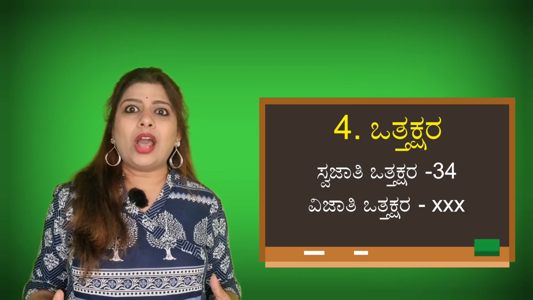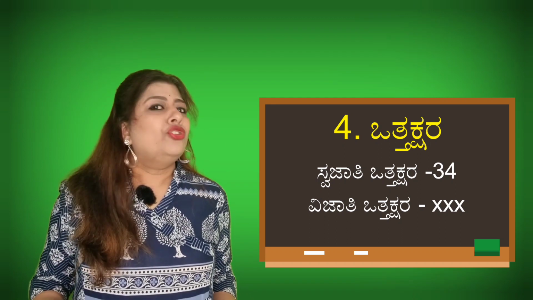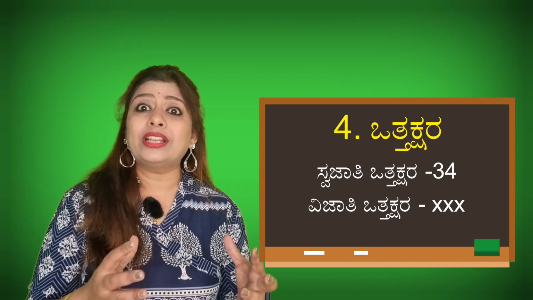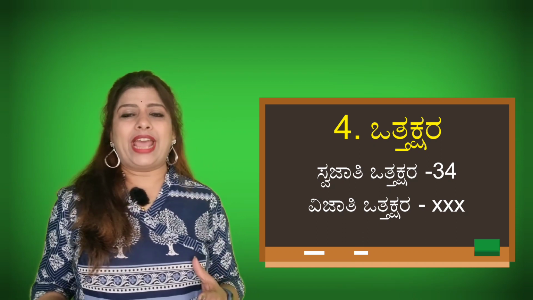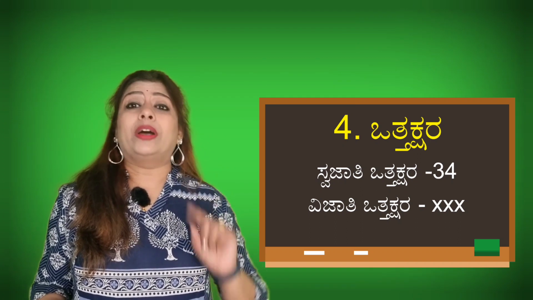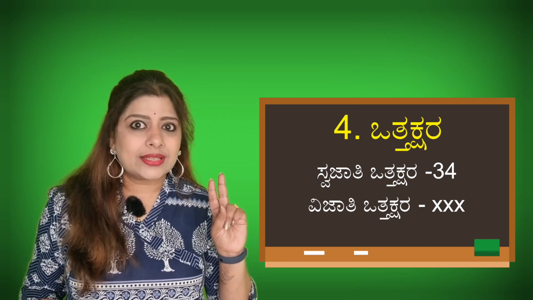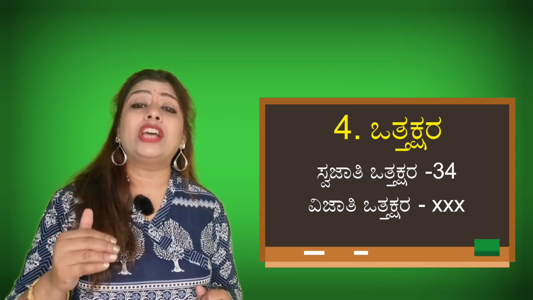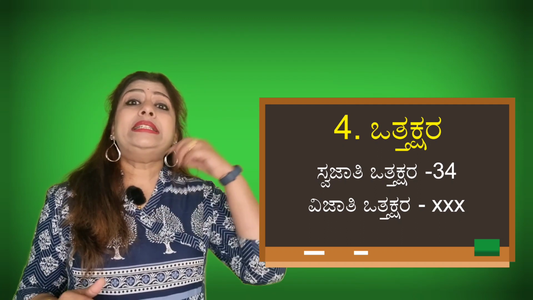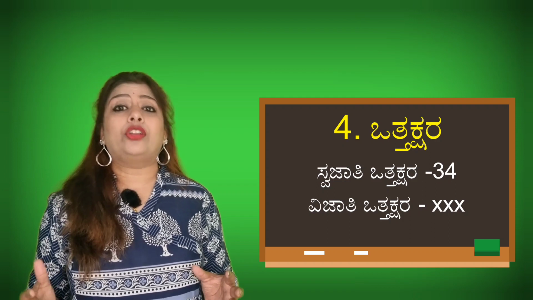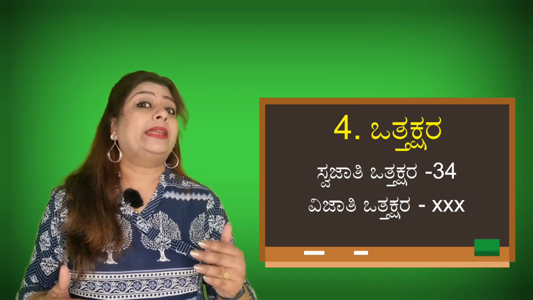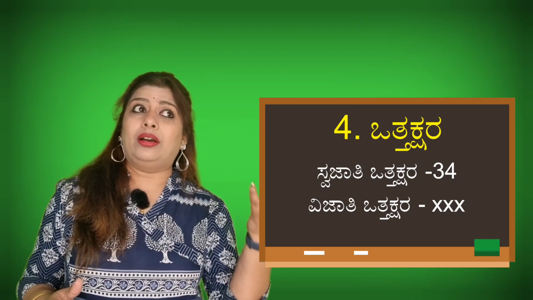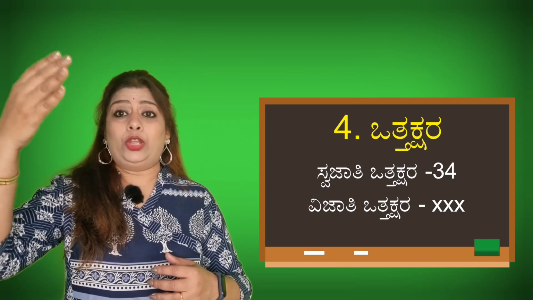And can it stop here? No, not at all, because when it comes to vartakshara, there are again 2 categories. One is swajati vartakshara and the second is vijati vartakshara, and the vijati vartakshara has different permutations and combinations of letters. It can be ka blending with ra, ya blending with ra, ga blending with ta.